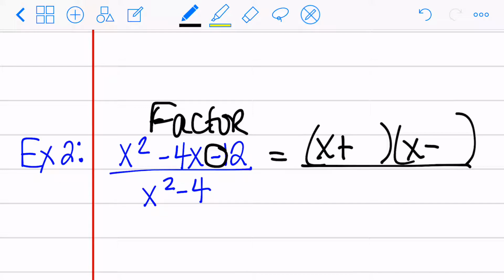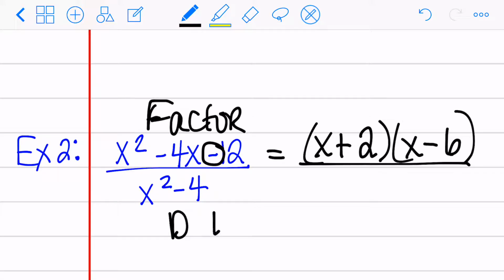That is going to add, or I mean subtract, to give us a negative 4. So I'm thinking of 2 and 6, because if you have a negative 6 plus a positive 2, that's going to give you a negative 4. So you have a positive 2 and a negative 6. And then we can do dots down here on this one.